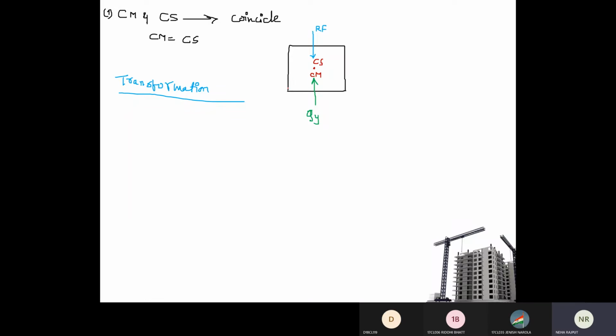That means if the inertia force comes from here, then your plan will move like this. This dotted shape is the movement of your plan due to inertia force. Only translation will happen.